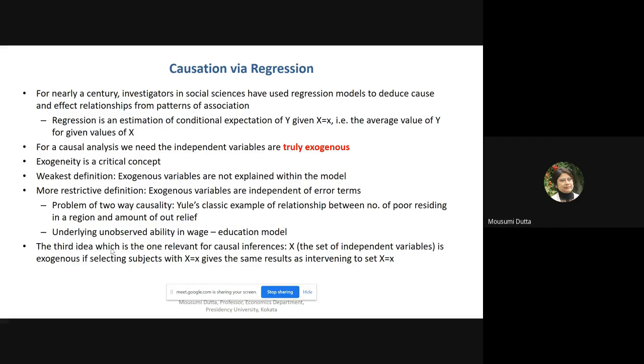If the independent variables are truly exogenous, then you will get a causal relationship. Otherwise, you will not get a causal relationship between y and x. So please keep this point in your mind. Your regression doesn't always mean you are considering a causal relationship.